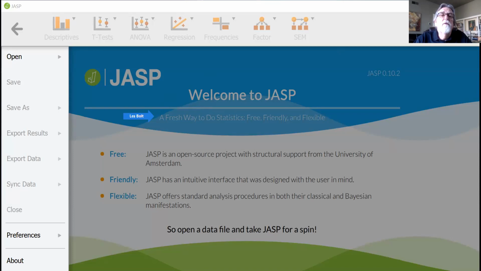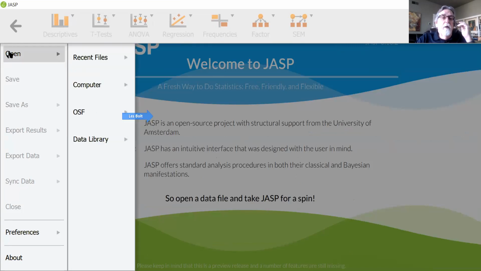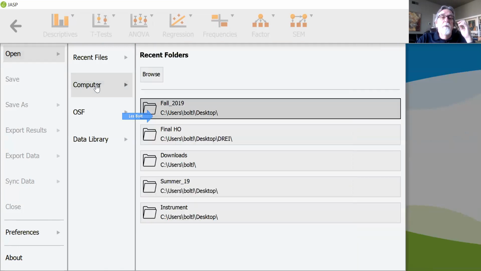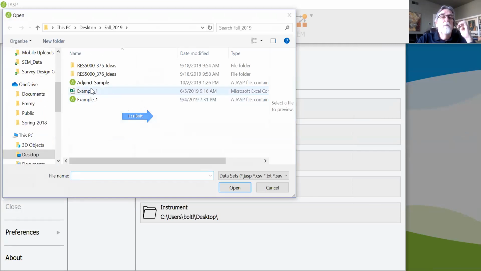So I can get this to share up right. All right, I'm going to open a file off of my computer, and the file is called adjunct sample. I went to the folder that I'd saved it in and simply browsed and clicked it up.